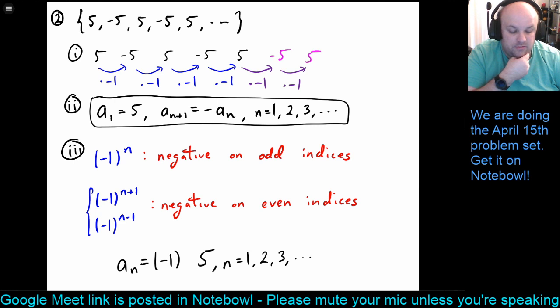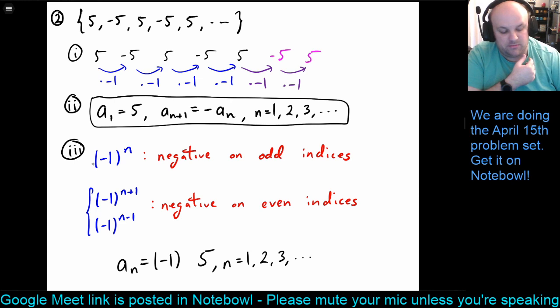I guess I should say here, our first term is A1. A1 should be +5. Yeah, we want it on the even indices, right? Because the first one, A1, is an odd index. 1 is odd. So we don't want this one.